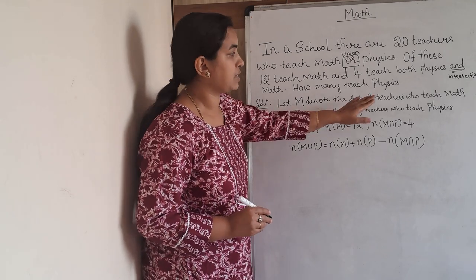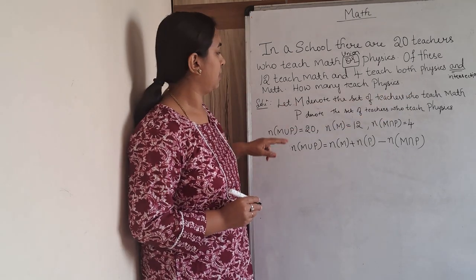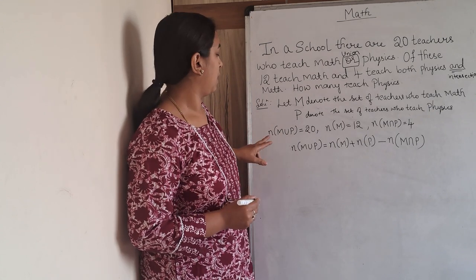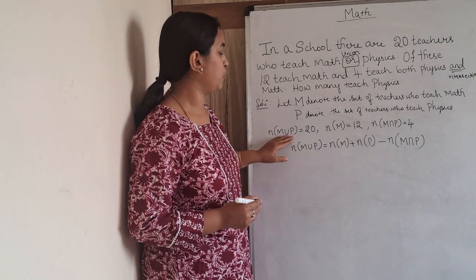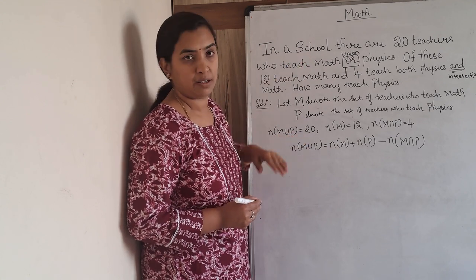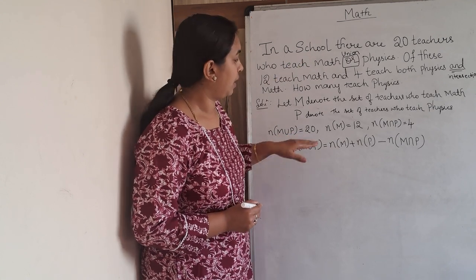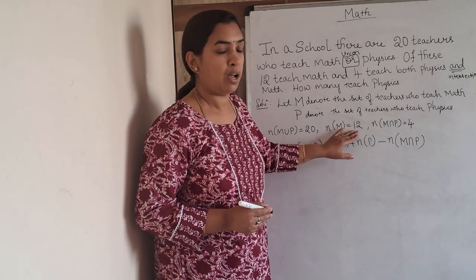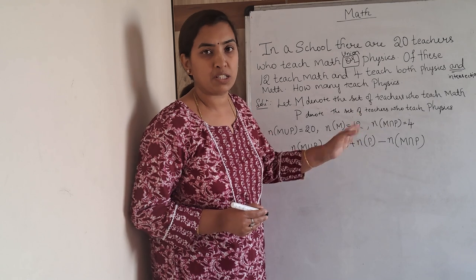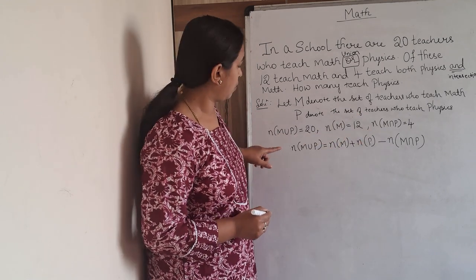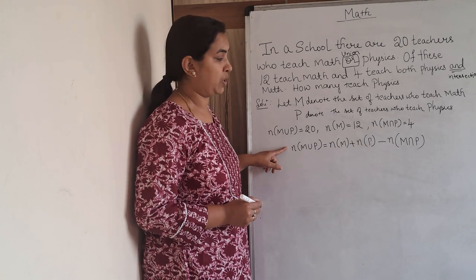Let M denote the set of teachers who teach math, P denote the set of teachers who teach physics. Okay, n of M union P is 20, which is given in the data. Okay, and the number of teachers who teach math is 12 and the number of teachers who teach physics as well as math is 4. So now I am going to use this formula.